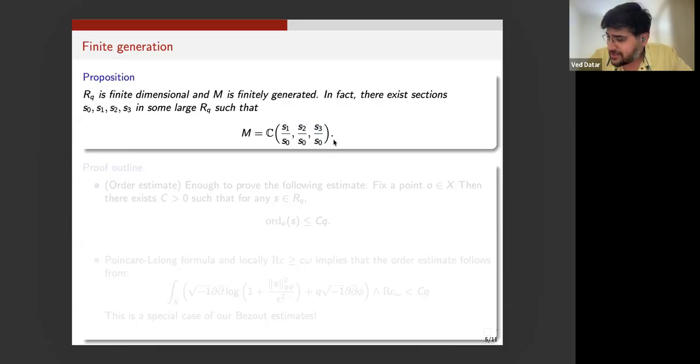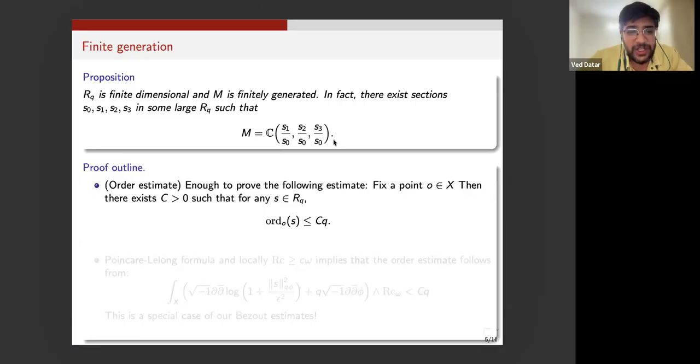So the general proof strategy follows some old arguments, which are called the Poincaré-Siegel argument, and this was essentially brought to bear on such problems by Mok in several of his papers that Vamsi and Harish have already alluded to. So it turns out that it's actually enough, again this is due to Mok, to obtain an order estimate.